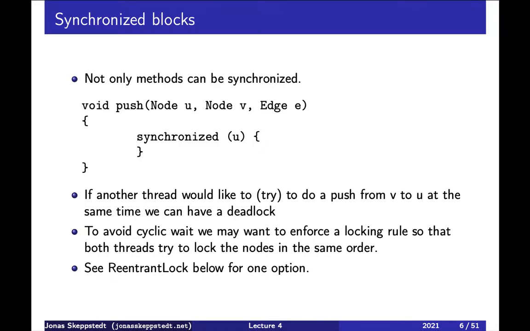To avoid deadlocks, one way is to use something called try-lock, and another is to set up a rule in which order locks should be locked. Okay, so we will look at both of these.